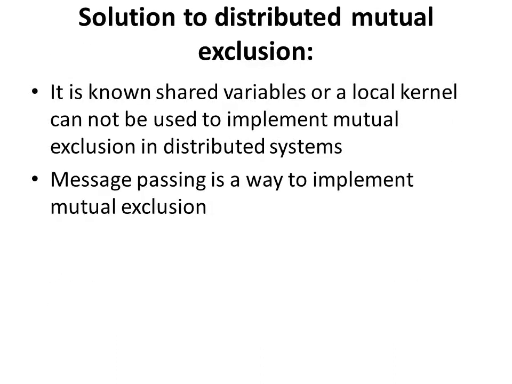Solution to distributed mutual exclusion. It is known that shared variables or a local kernel cannot be used to implement mutual exclusion in a distributed system. So shared variables cannot be used in distributed systems. Message passing is the way to implement mutual exclusion.